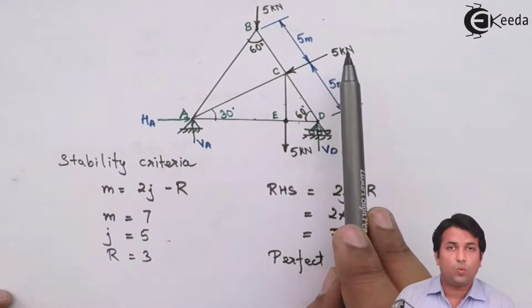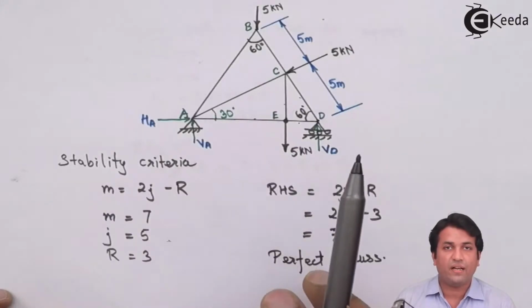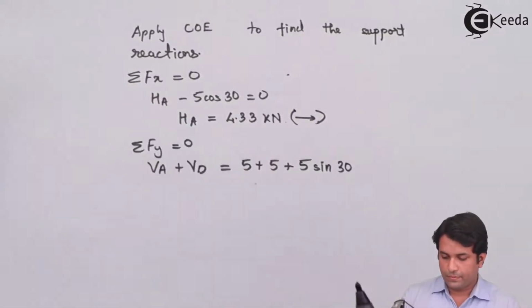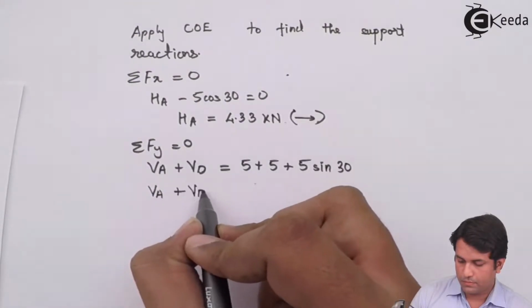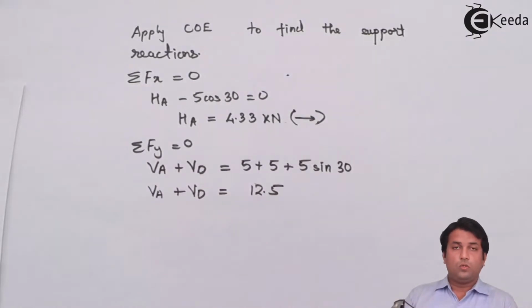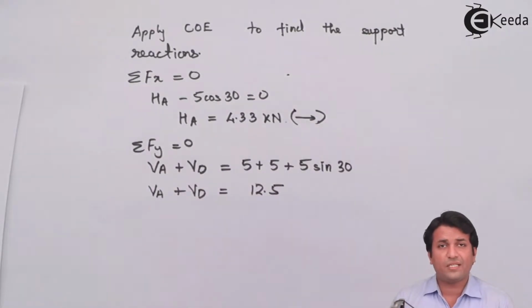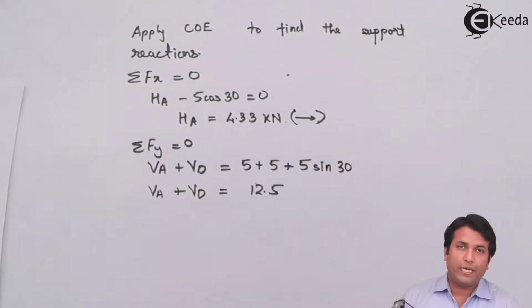So three downward forces, two upward reactions, that is VA and VD. Now, to find out the support reactions at VA and VD, what I can do is I can take moment about any one of the joints, that is joint A or joint D.